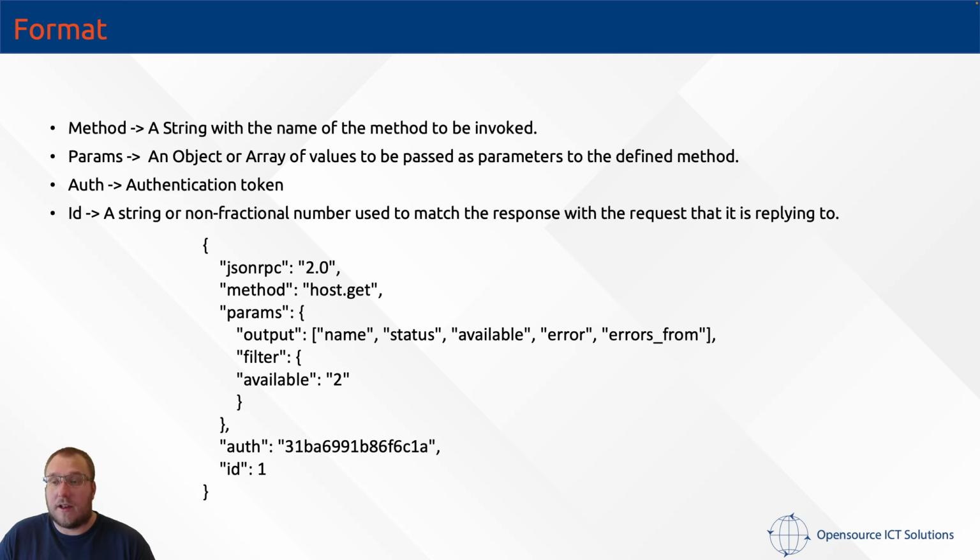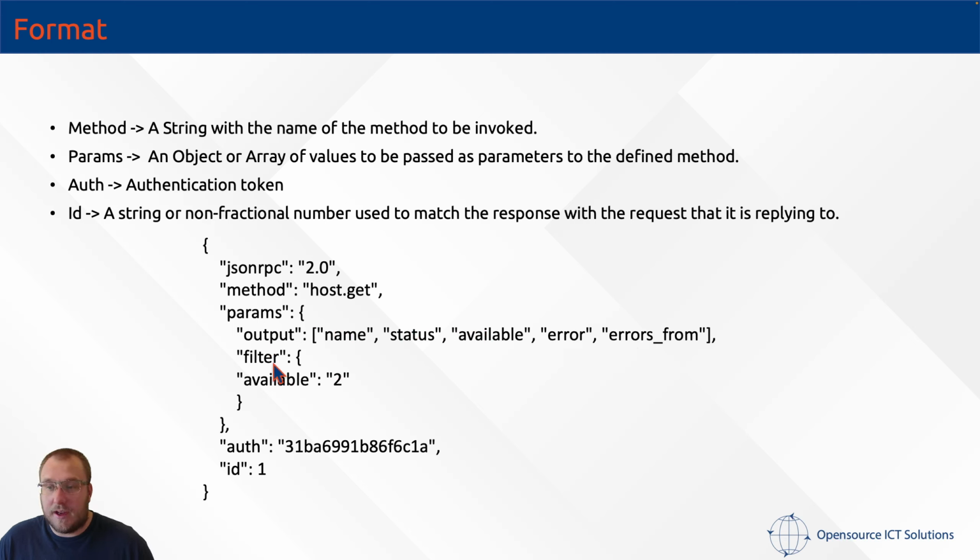Each method has its own parameters to provide. So that's the next part, and that's an object or an array to define what you would like to do. So here we have host.get, and in the parameters we are telling the output should be the name, status, available, errors, errors_from.